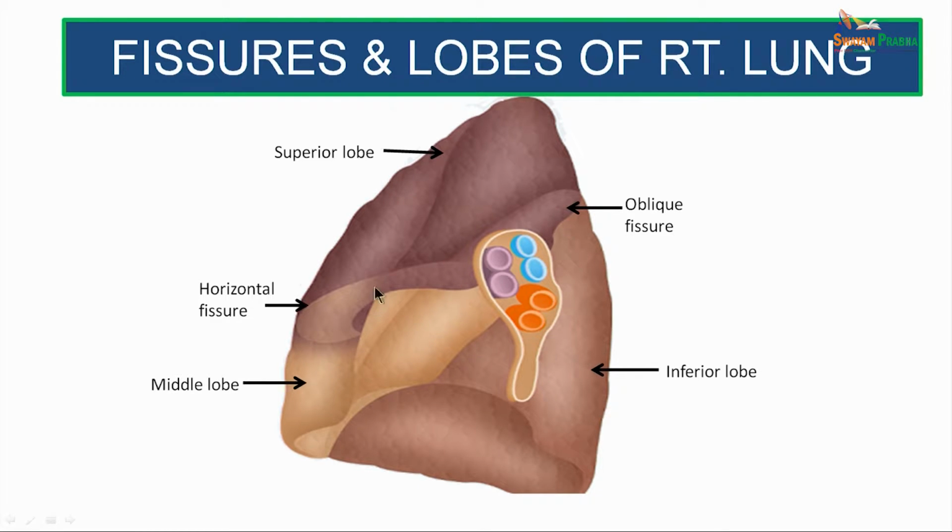Now, apart from the oblique fissure, the right lung also has a horizontal fissure which starts from the oblique fissure at the mid-axillary line, that is at the 5th costal cartilage, and proceeds forward to cut at the 6th costal cartilage, thereby dividing the superior lobe into a superior lobe and a middle lobe.